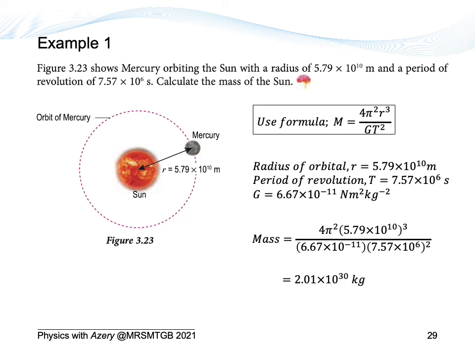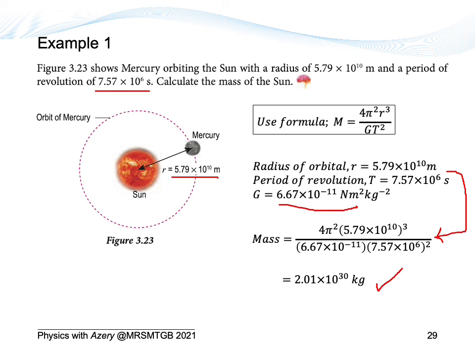So you have the orbital radius r here. You also have the period of revolution here, and you have G. G is the same G. So you substitute everything into the formula and you get the final answer. This is the mass of the Earth.